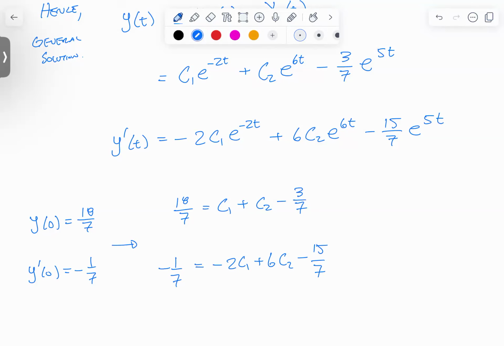So don't forget, before we plug this into our matrix, this needs to be brought up. So that just becomes a constant since we're solving for C1 and C2. So make sure you bring that over, and then you can plug that into the matrix.